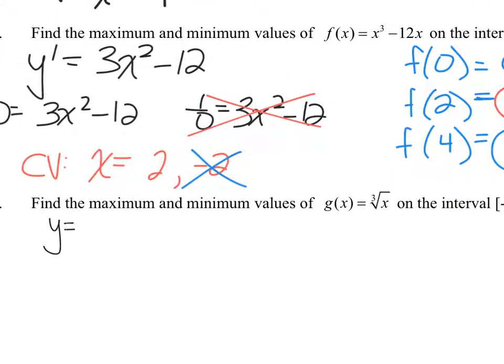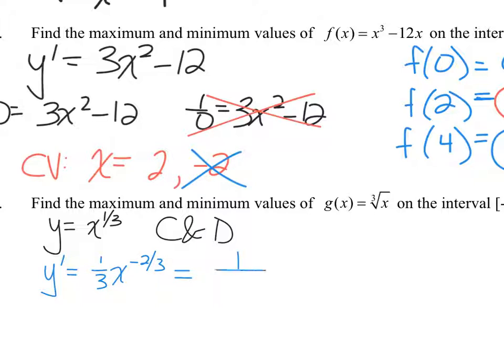y equals x to the 1/3. Again, continuous and differentiable. The other ones were polynomials, so it wasn't really as necessary to think about it. But here you're starting to get a little funky, so we'll do it. y prime would be 1/3 x to the negative 2/3 power, which we definitely don't want to leave like that. 1/(3x^(2/3)).